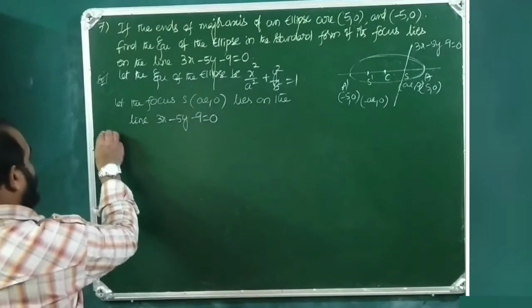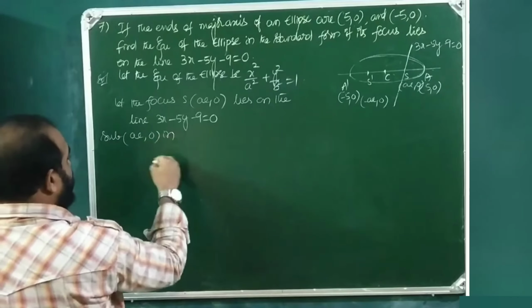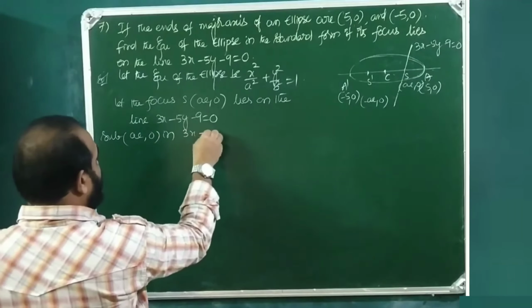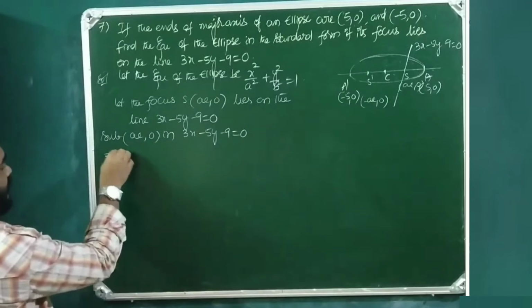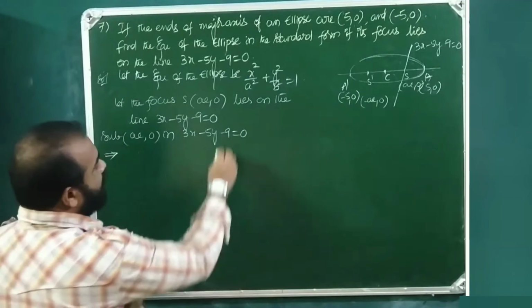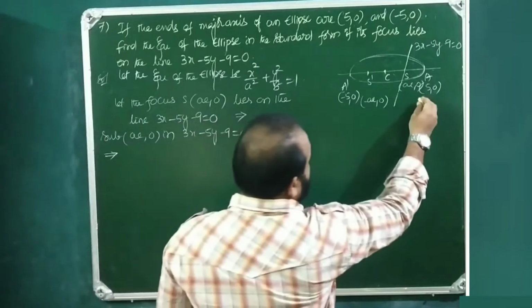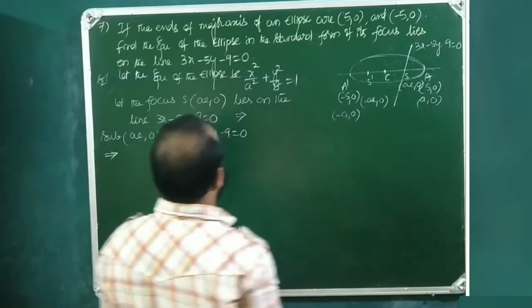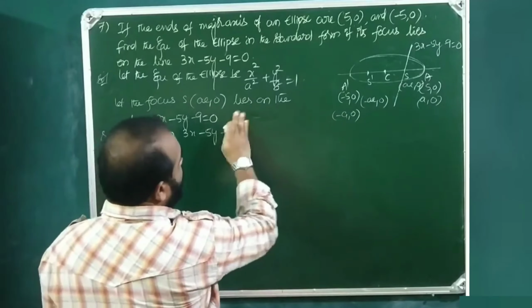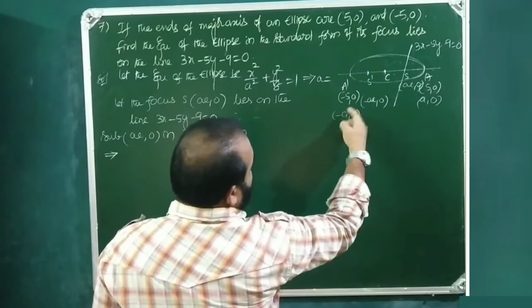Substituting (ae, 0) in the line equation 3x minus 5y minus 9 equals 0. Here, a equals how much? This is (a, 0), this is (-a, 0). Therefore a equals 5.